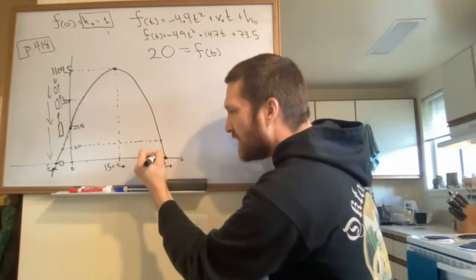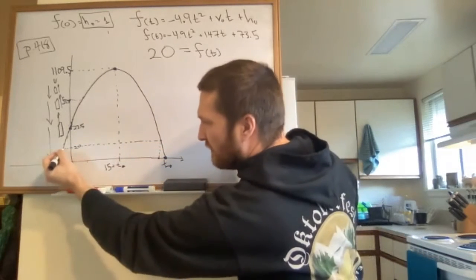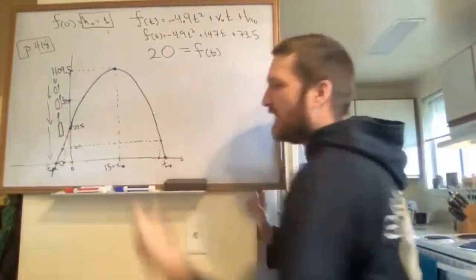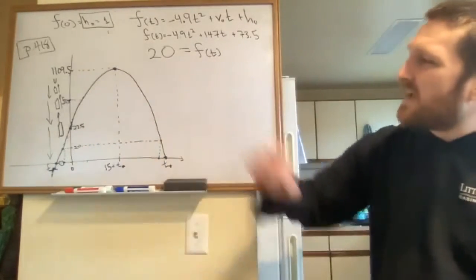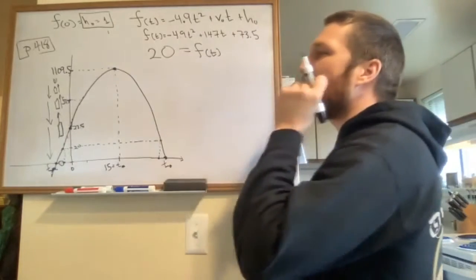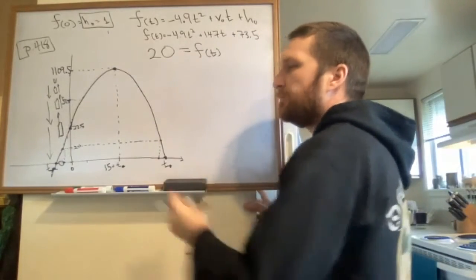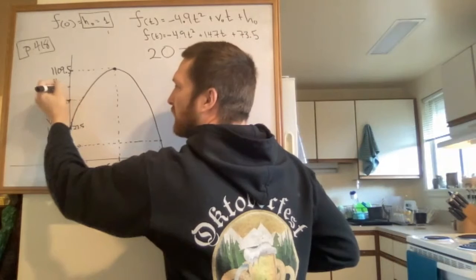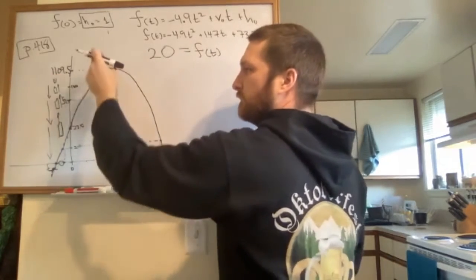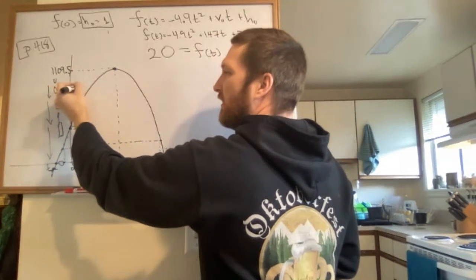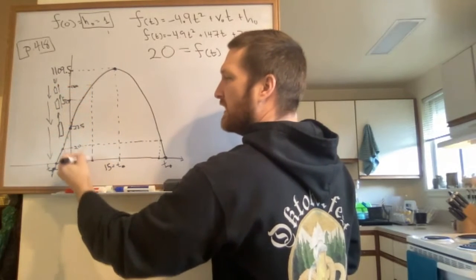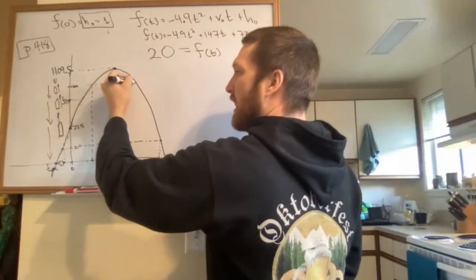And when you do that, I can just see from my drawing here that I should also end up with a positive and a negative answer. If they ask me, when will the rocket hit 1,000 meters above the ground, I could see, ooh, look at that, 1,000 is between here and there. So I could imagine that we should get two answers, one of them here and one of them here.